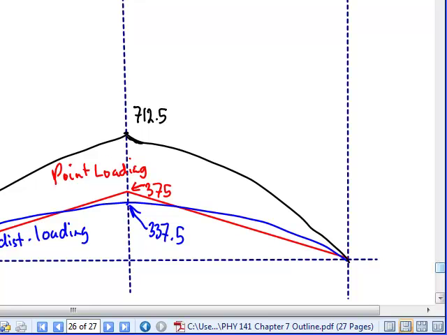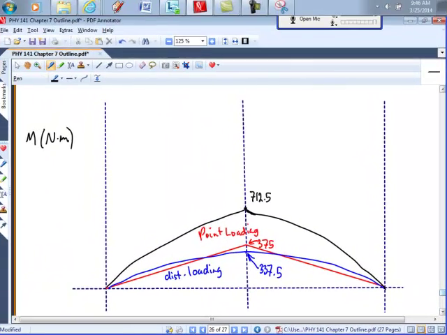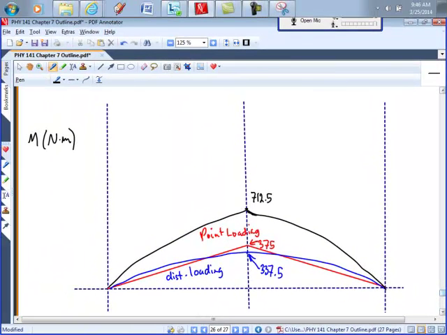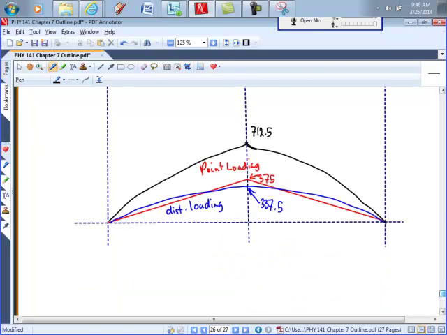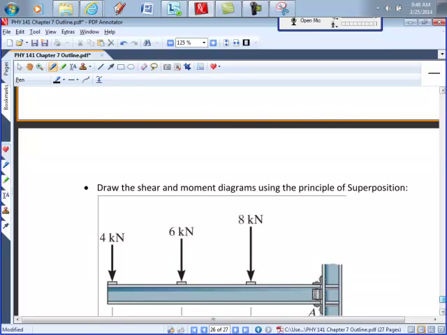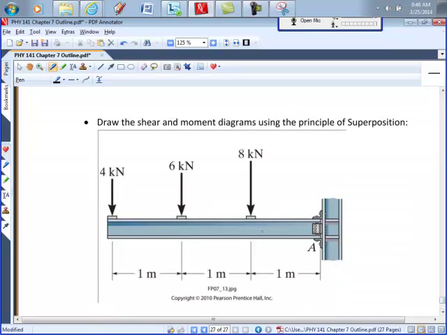I did have one more problem on here, but there's not going to be time to complete it. What I'll do is I'll complete it in the notes before I post them and before I send them to Jim in Cranbrook. It's a cantilevered beam with 3 different point loads on it. So each of those point loads is going to give us a shear and moment diagram, which then we'll add them all together to get the shear and moment.